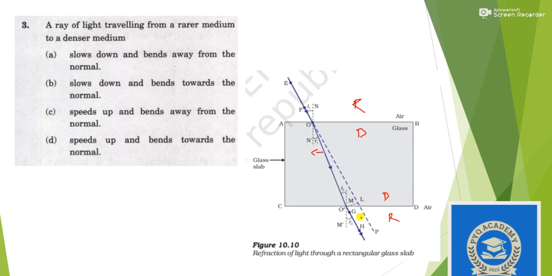From denser to rarer, the refracted ray moves away from the normal. So when light travels from rarer to denser, it is definitely going to slow down and bend not away but towards the normal. This is the correct option. Speeding up is not correct.